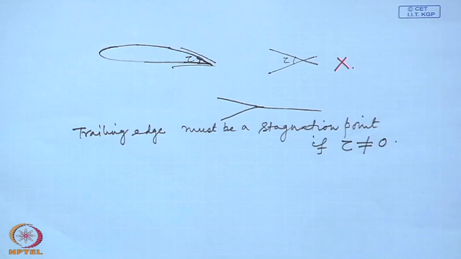That is, when the trailing edge angle is finite, the trailing edge must be a stagnation point. That is the meaning of the flow must leave the trailing edge smoothly.